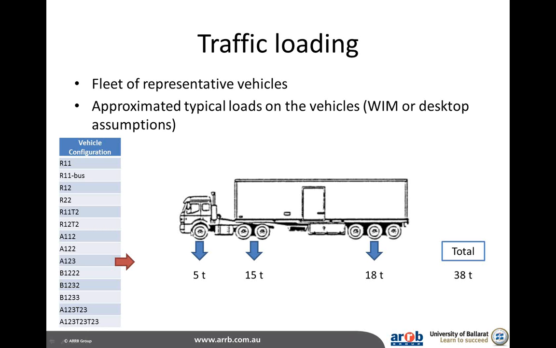So here I've selected a quick fleet of vehicles, and we're going to look at the A123 in a bit of detail as an example. I've just picked these loads out a bit at random as some approximate loads for the different axle groups on the truck. So if we have 5 tonne on the steer, 15 on the tandem drive, and 18 on the trailer group.